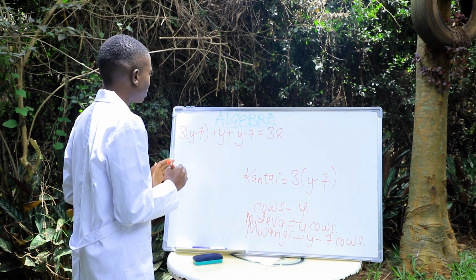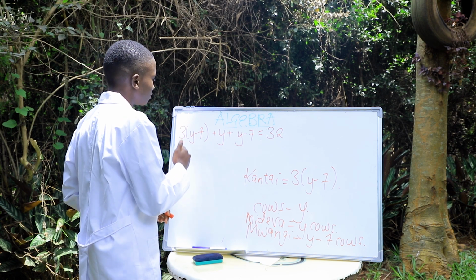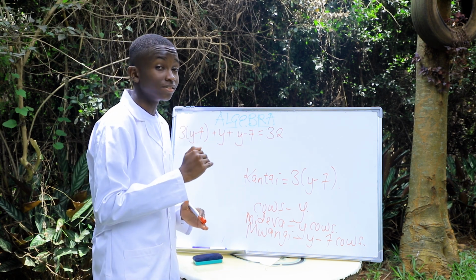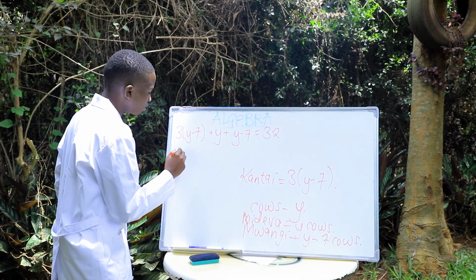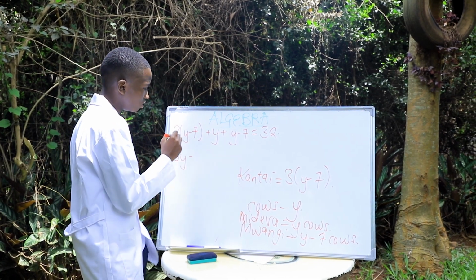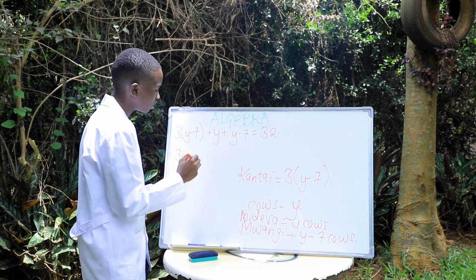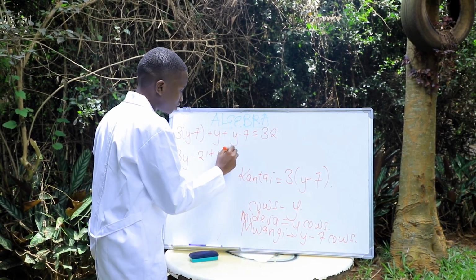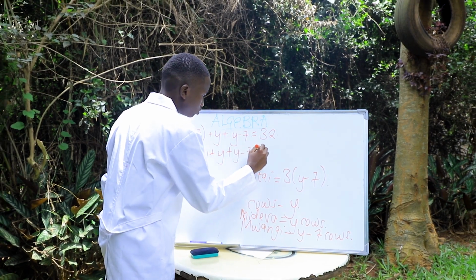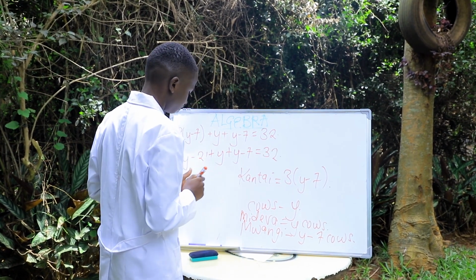A lot of errors come in once you don't multiply the values that are inside this bracket. So what I'm going to do, I'm going to say 3y minus 3 times negative 7 is 21, plus y minus 7 is going to give me 32.